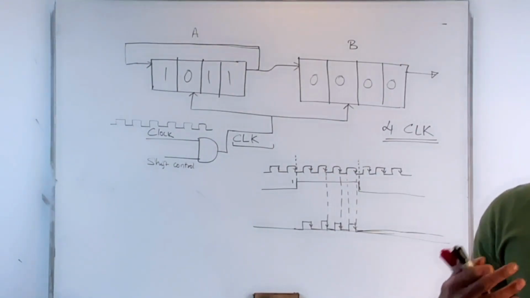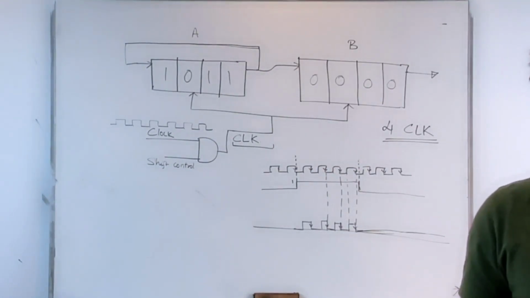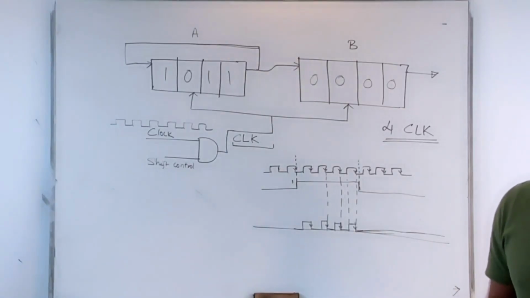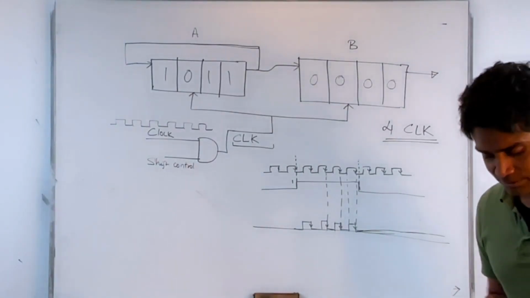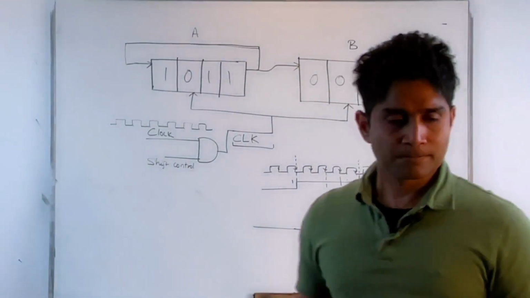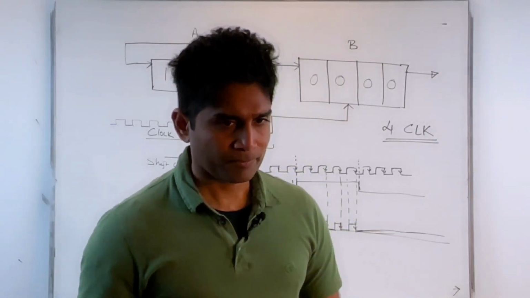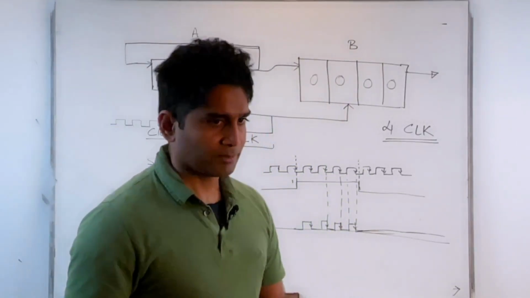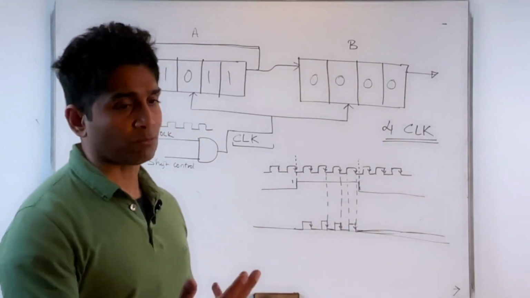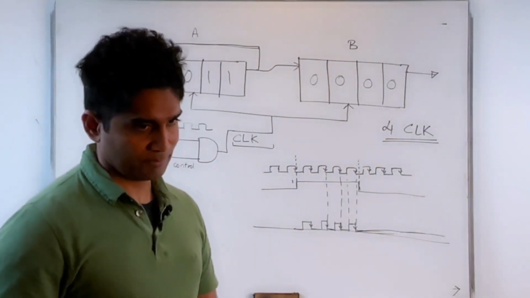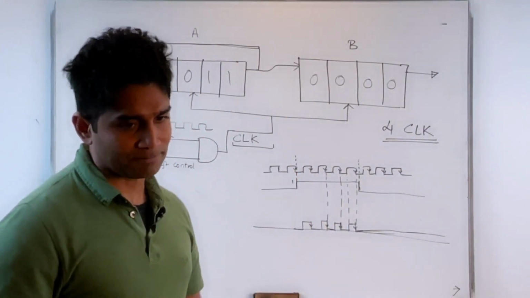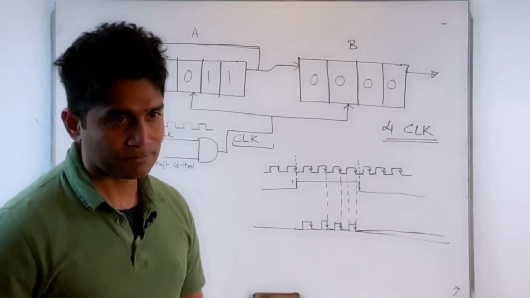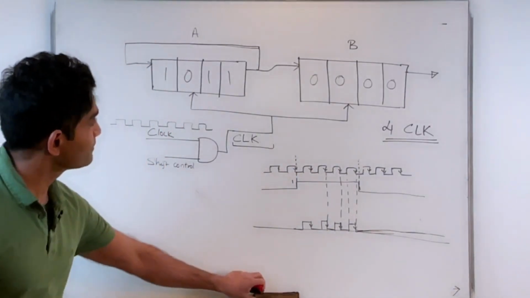But I can definitely design flip-flops that can trigger on the positive edges as well. Does that answer your question? So I need to specify what kind of a flip-flop I'm working with so that I can draw my timing diagram.